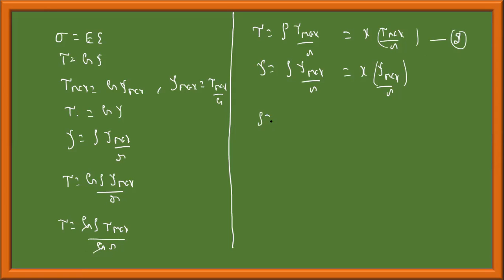When rho is equal to 0, tau is equal to 0. When rho is equal to R, tau is equal to tau max.